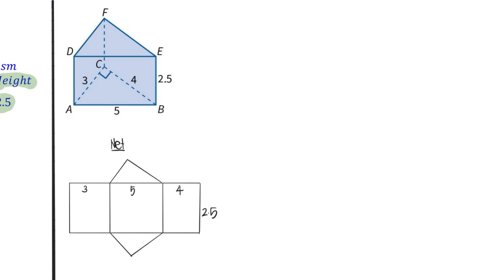So there are two approaches to this particular total surface area.